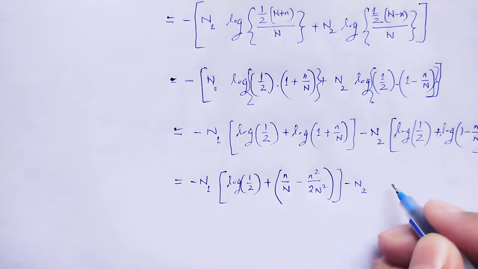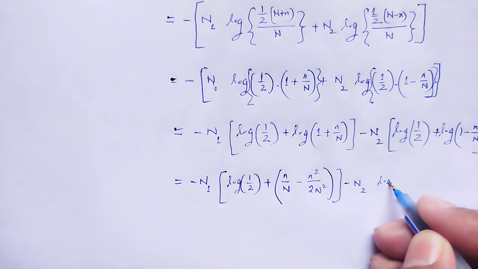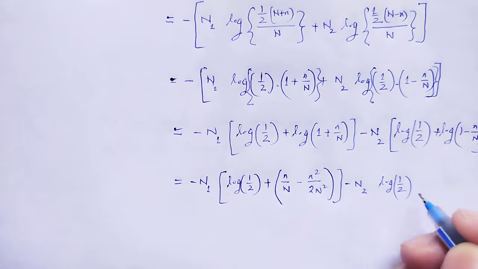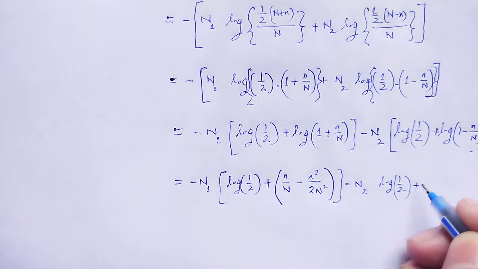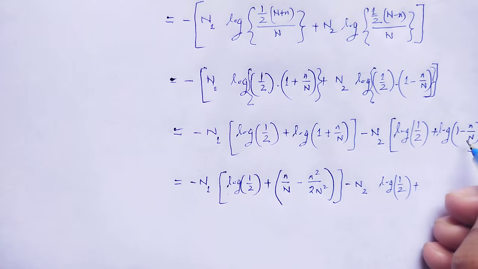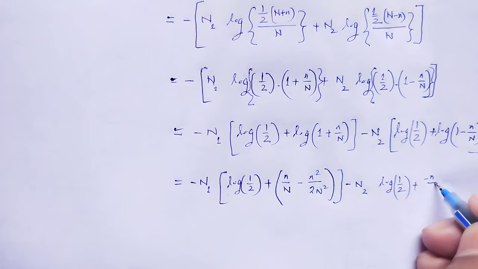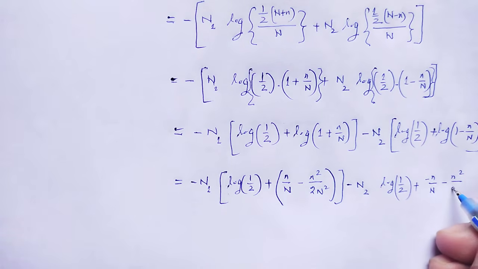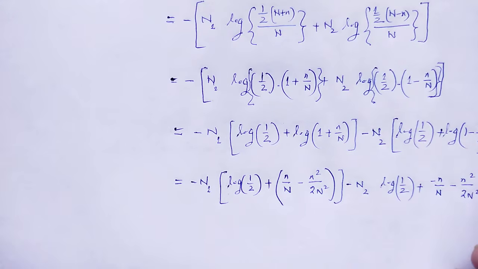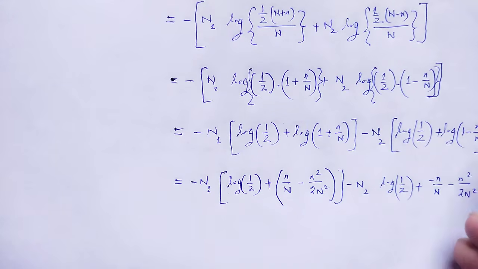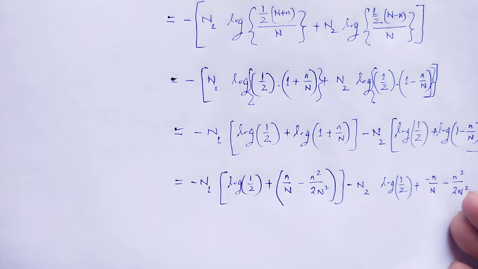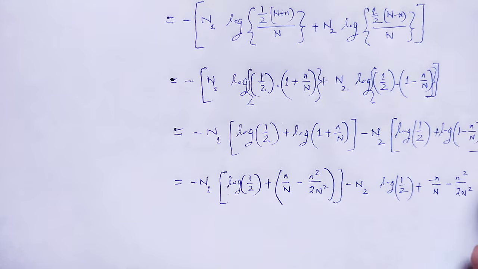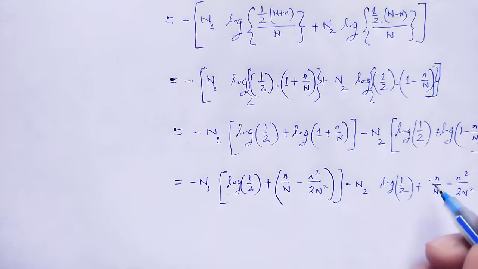Minus n2 log half plus that expansion is minus n by n minus n square by 2n square, logarithmic of that term up to second order. Further terms are neglected.